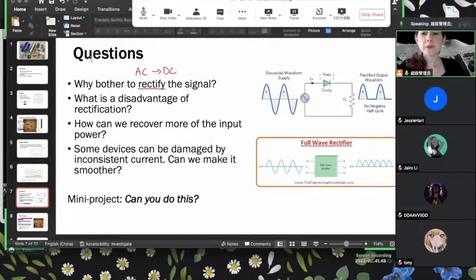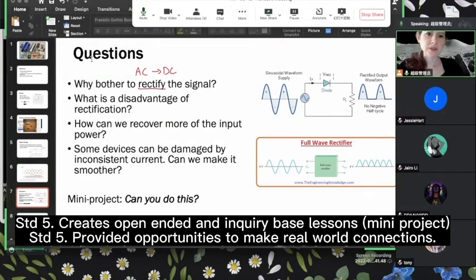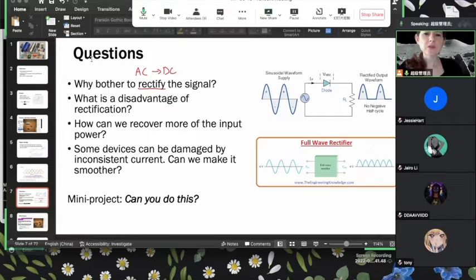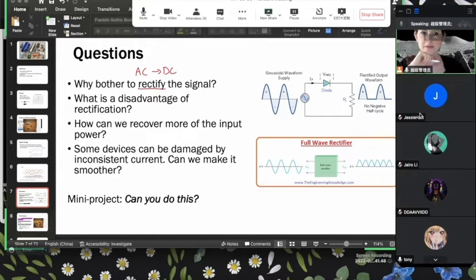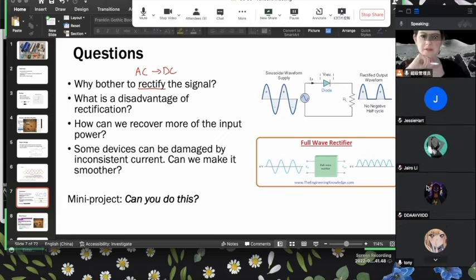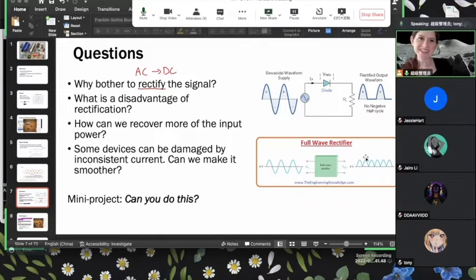Why do we want to rectify signals? Let me ask you guys, what are some reasons why you think we want to rectify a signal? Anyone have any ideas? Because we don't want the negative part. Yeah, exactly.